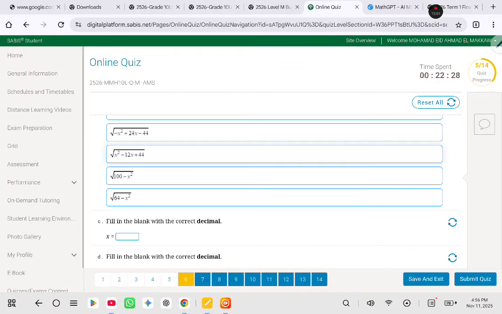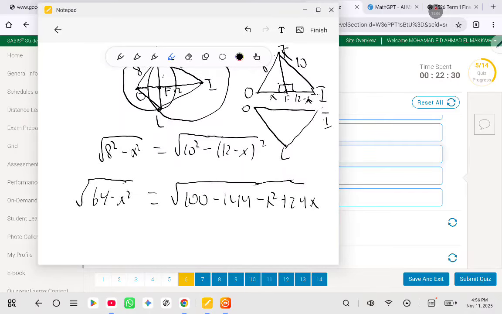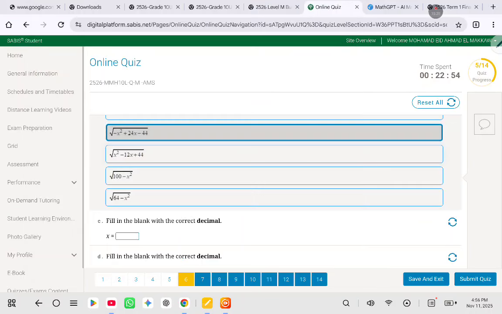Guys, you end up with this: 100 minus 144 is 44, so it's 44 minus x squared plus 24x is equal to 64 minus x squared.